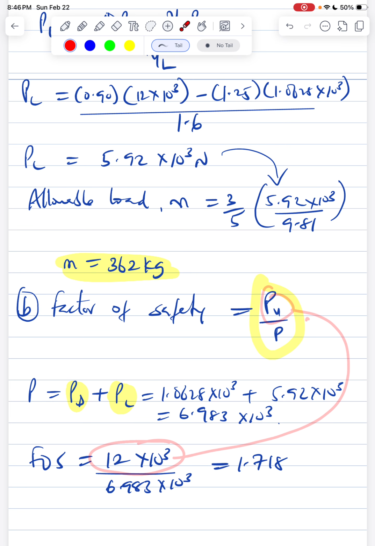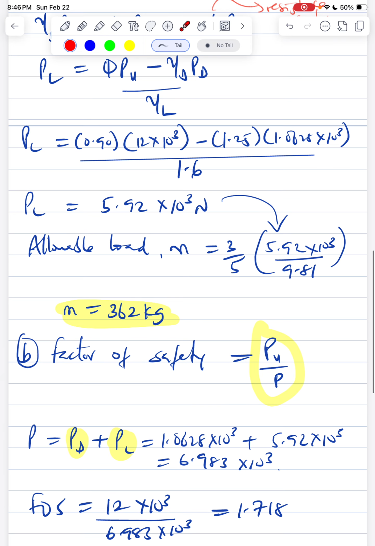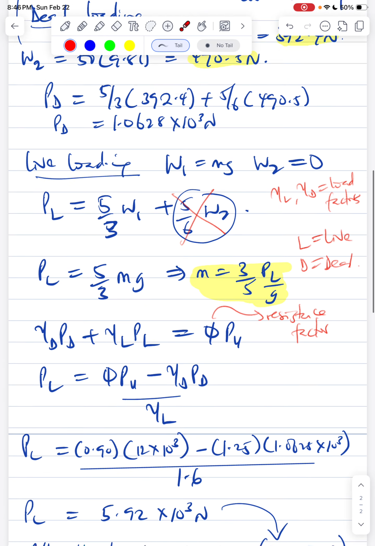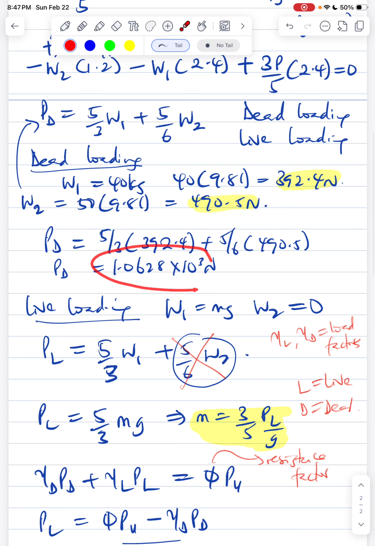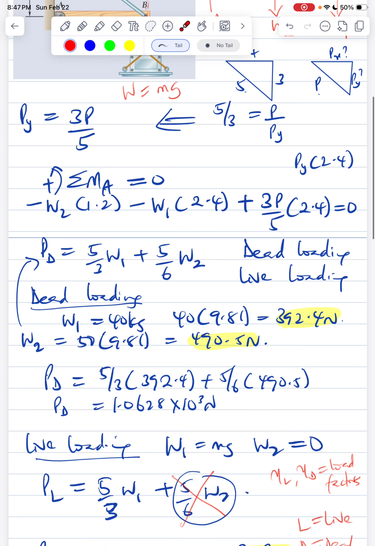Now to find the total load, it is the dead load plus the live load. That's what will give us this P. For the dead load, we've computed that PD here, and from this one we came about this expression when taking moments about the parts, which is here.